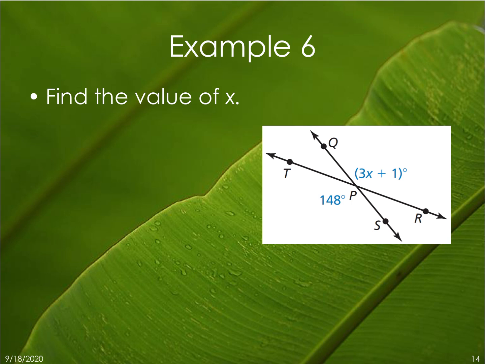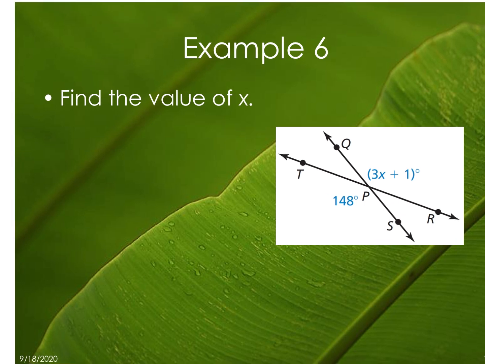Example 6 should be on the easier side. Find the value of x. What do I first know about these angles? What is it, Brandon? They're vertical angles, yes. So, angle TPS is congruent to angle QPR. How do I know they're congruent?